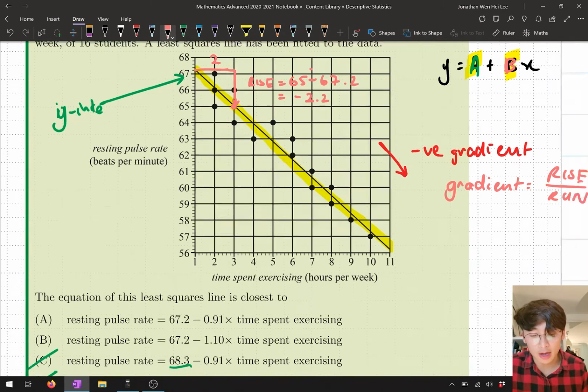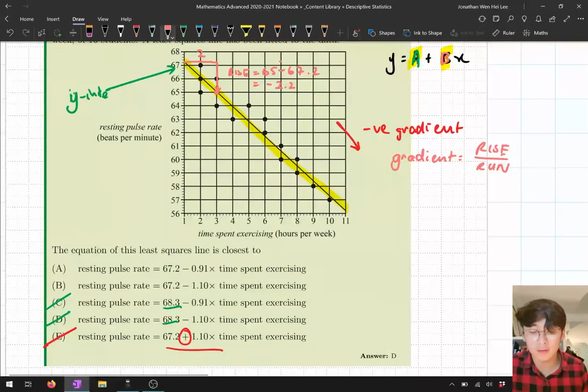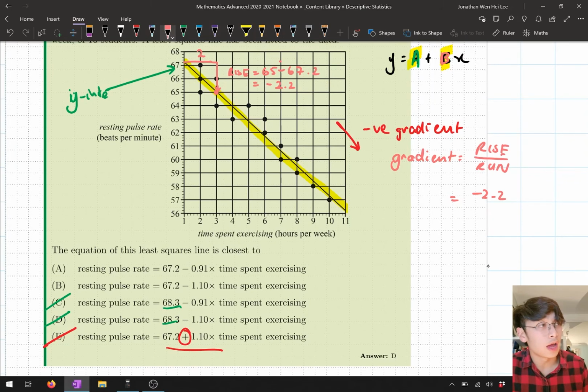When I've done that, I can just put these values into my calculation. The rise is negative 2.2, and the run is over 2. And so this becomes negative 1.1. Here, my answer is going to be B, based off my gradient in this step.